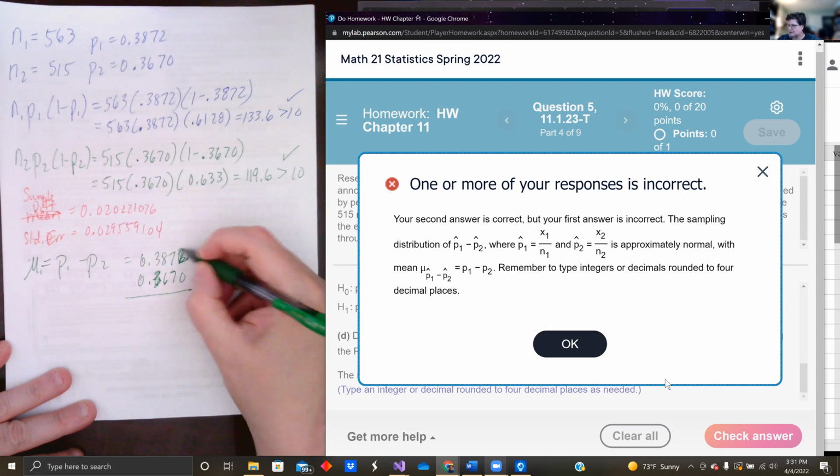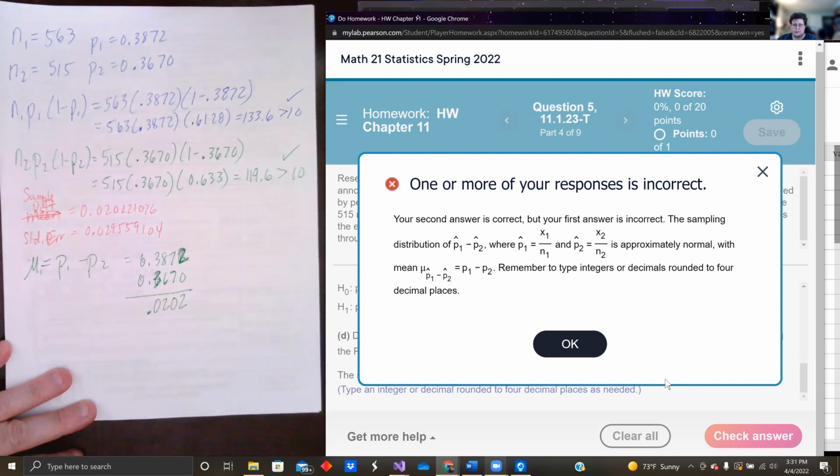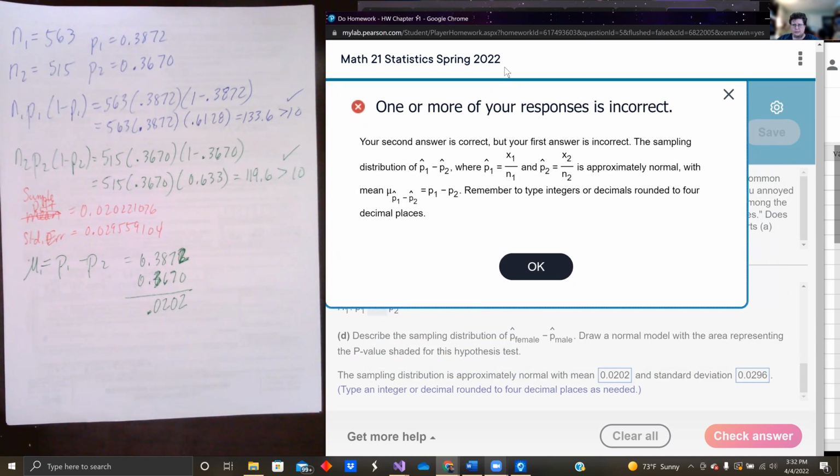That should be a 2. 0.0202. Now what did I put? How is that wrong? Maybe since I rounded? No, I don't know.